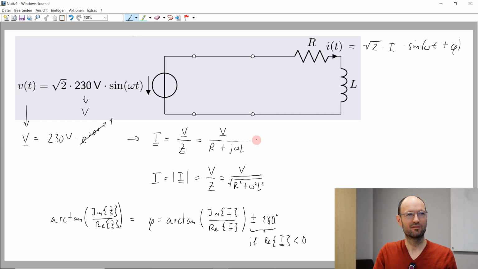Not really. It would be a lucky guess, but just a lucky one in this case. So here I could say this is current multiplied with the phase of the current.